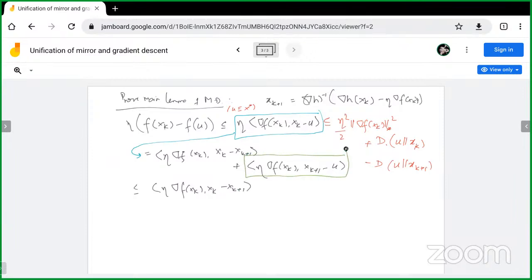I know that x_k plus 1 minimizes eta times the gradient of f at x_k inner product with x minus x_k plus the Bregman divergence, which means that if I plug something else here, it should only be bigger.